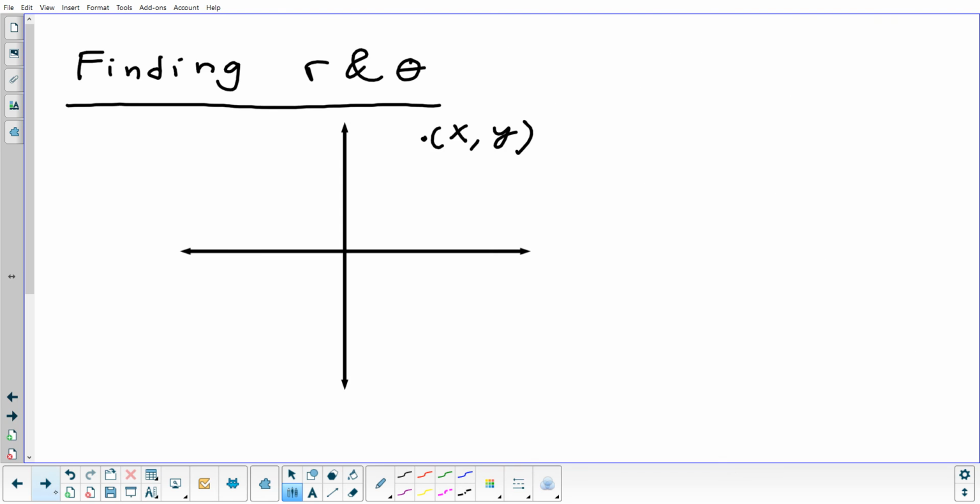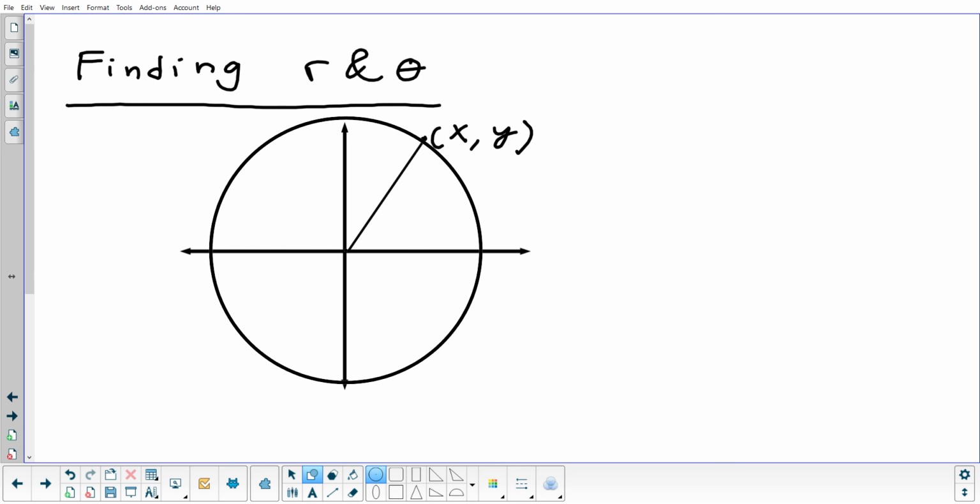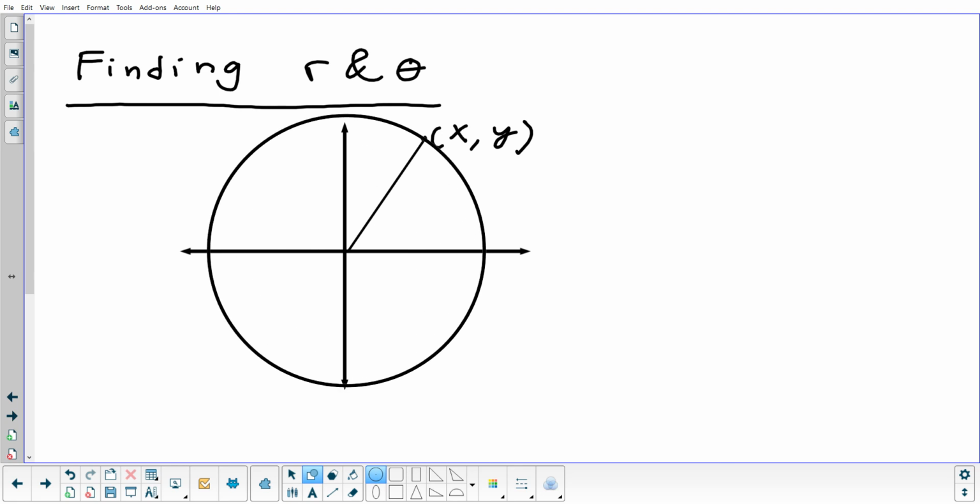So how would you actually find r and theta? Well, let's just go through it one more time, but I think people have a pretty good idea. That's r. Why do we call it r? Again, if you think of it as that point being on a circle, you're really finding the radius of a circle.